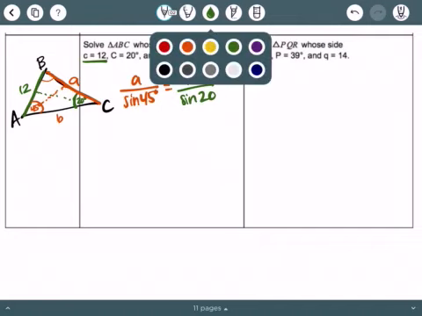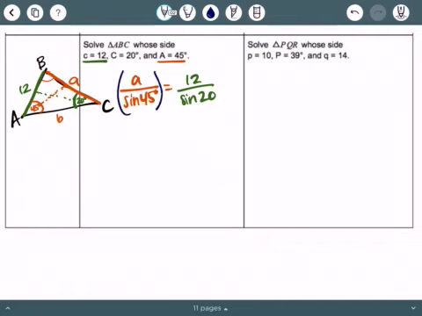From here, I can solve by multiplying both sides by sine 45. Sine 45 cancels here, I get a equals, I do 12 times sine 20, gives me 4.1, times sine 45, gives me 2.9.